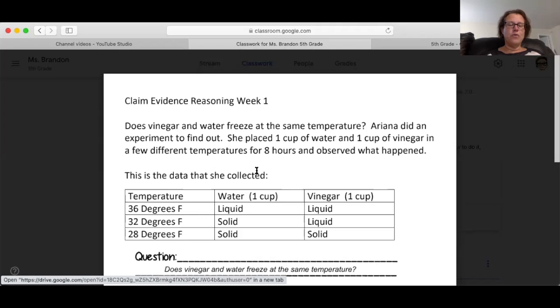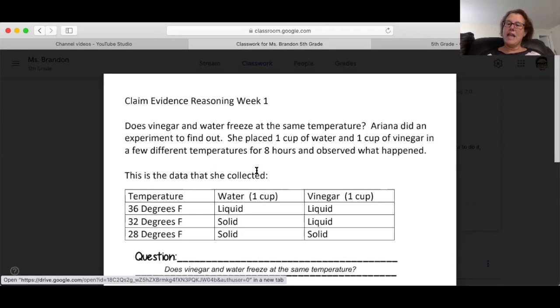So the temperature was 36 degrees Fahrenheit, 32 degrees Fahrenheit, and 28 degrees Fahrenheit. And for the water, she used 1 cup, and vinegar, she used 1 cup. And at 36 degrees Fahrenheit, water was liquid and vinegar was liquid. And at 32 degrees Fahrenheit, the water was solid and the vinegar was liquid.